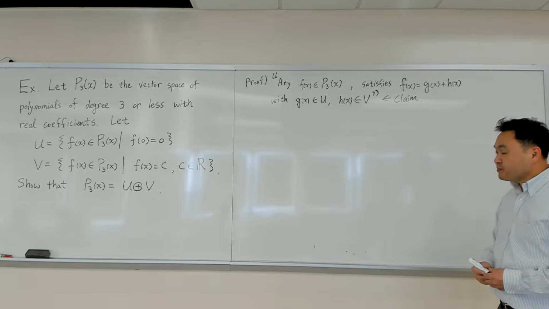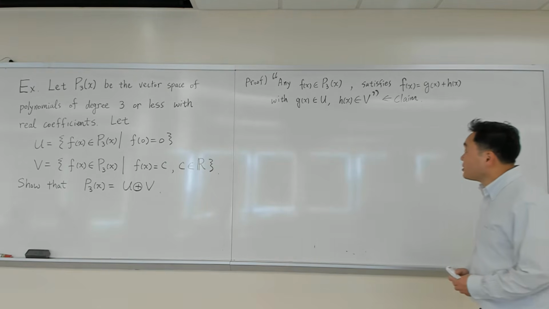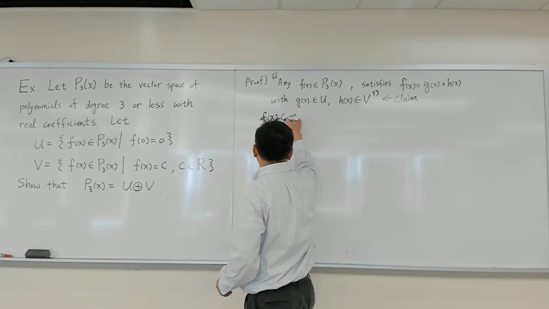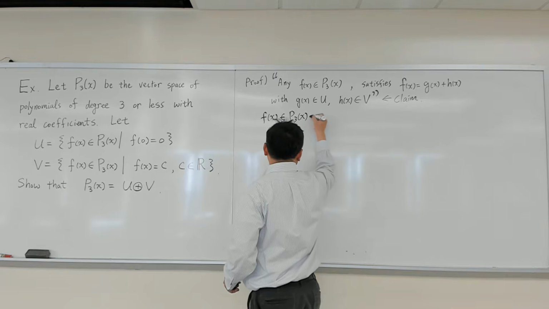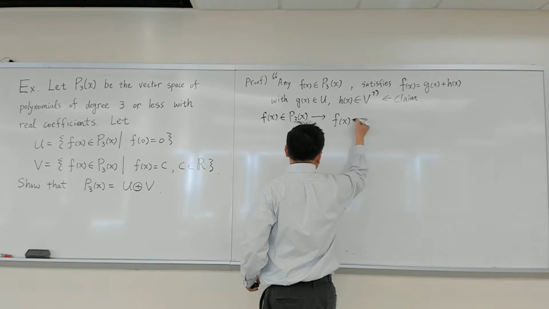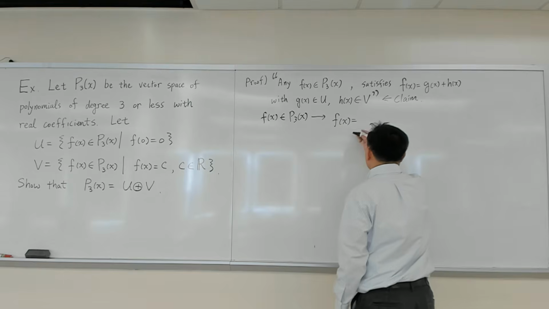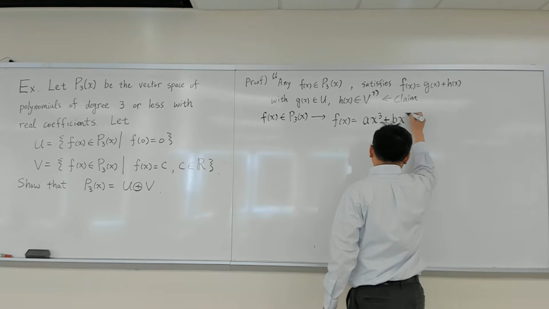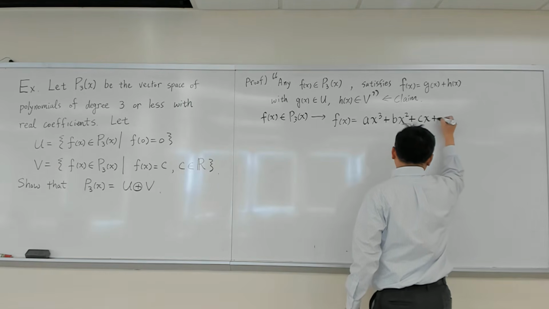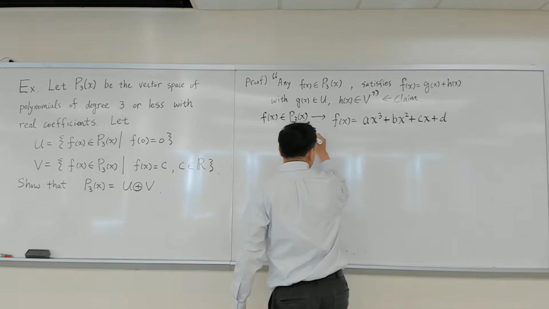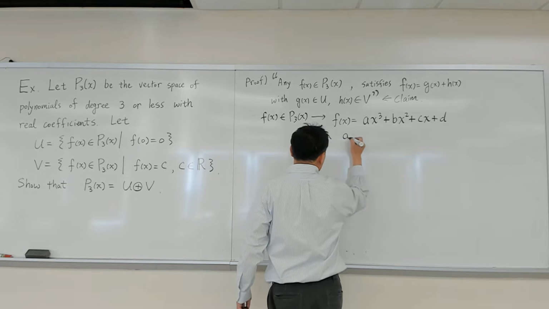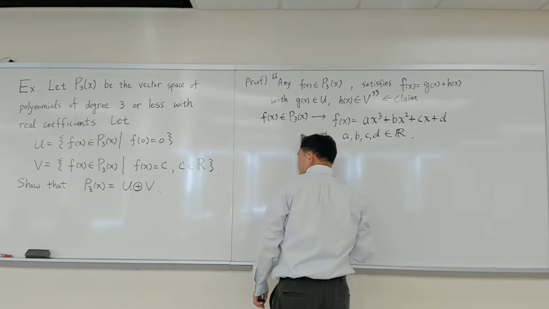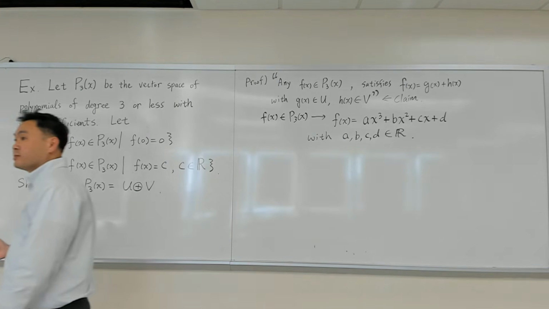It's given. And elements in P3 of x are polynomials of degree 3 or less, so it's ax cubed plus bx squared plus cx plus d with a, b, c, d in real numbers, right?